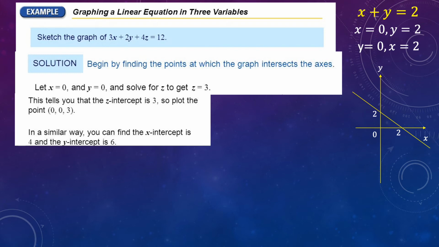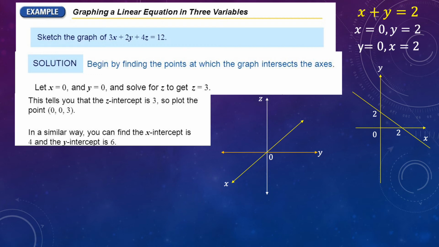Now we can sketch the graph. The graph for the equation of three variables is a bit different from a linear equation with two variables because we have three axes. So how we sketch is like this. This is the y-axis, z-axis, x-axis. For the y-axis, the right side is positive.